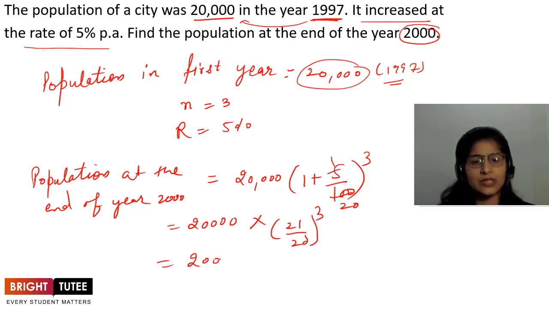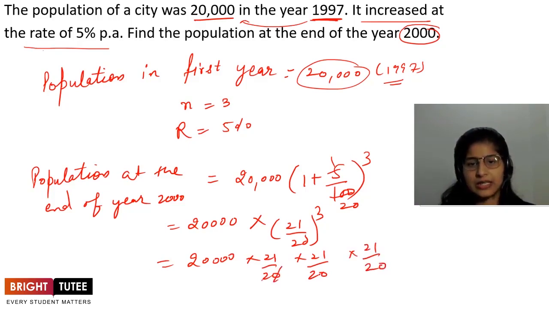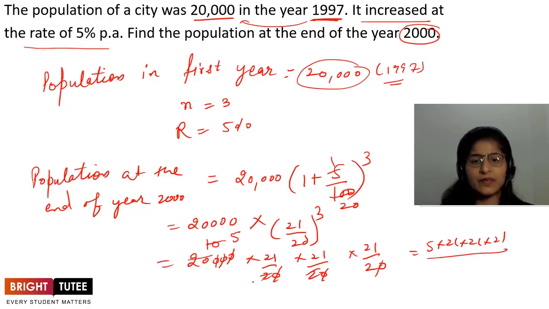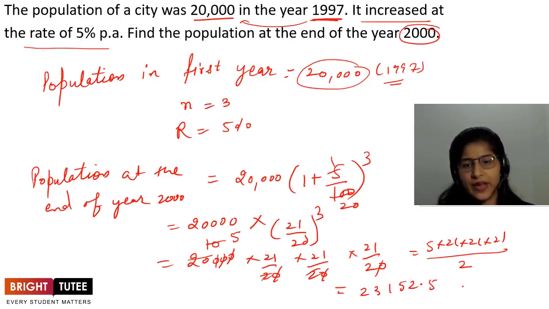So we get 20,000 into 21 upon 20 into 21 upon 20 into 21 upon 20. You can cancel the zeros. Then you multiply 5 into 21 into 21 into 21 divided by 2. So we get the answer by dividing as 23,152.5, or if we estimate it, we can write it as 23,153.